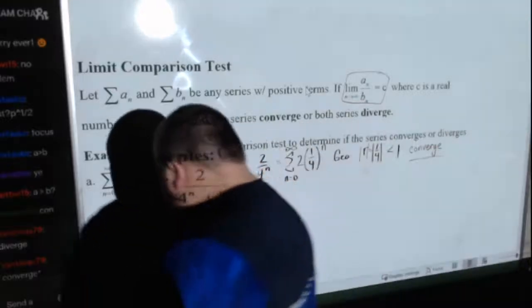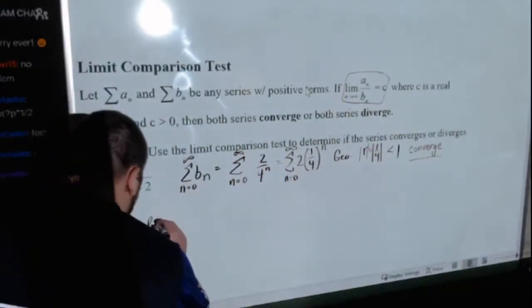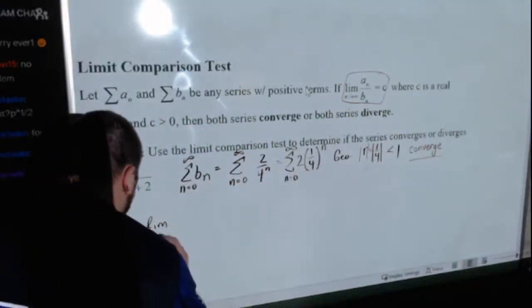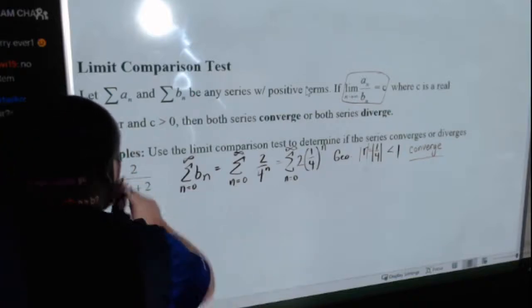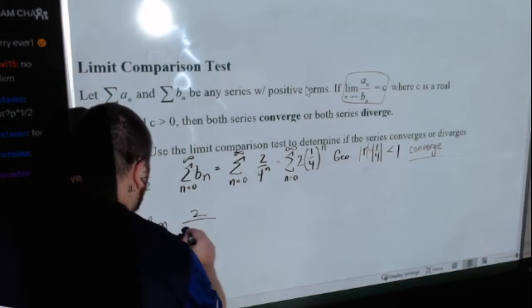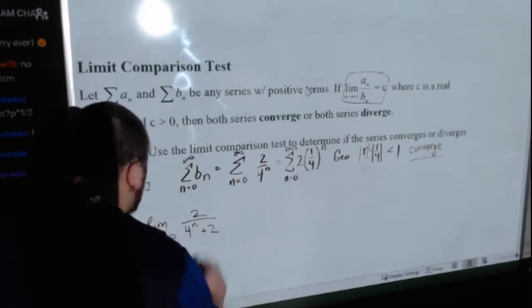So now I need to take limit as n approaches infinity. I need A sub n on top, so 2 over 4 to the n plus 2.